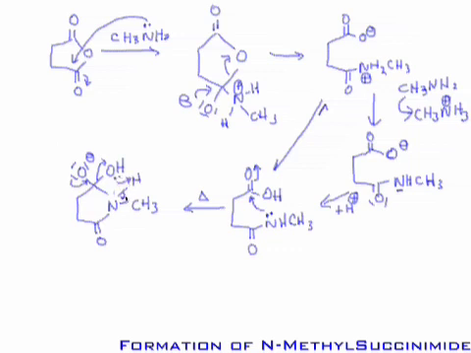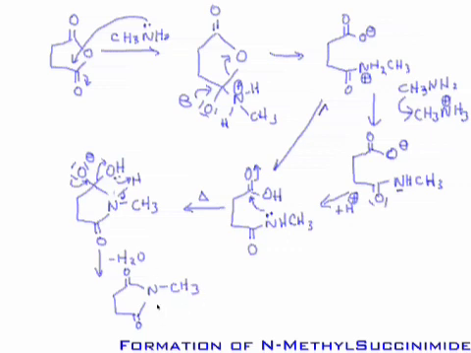And get the lone pair forming on nitrogen. If that happens, you lose H2O, and you get OH is gone, and H off the nitrogen is gone, and you're left with this.